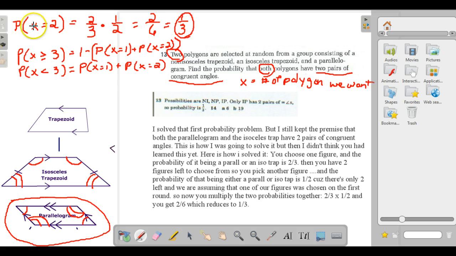Generally, when they ask you if the probability equals a specific number, like here, both of them, 2, then you generally multiply your probabilities. And so that's how we got this problem.